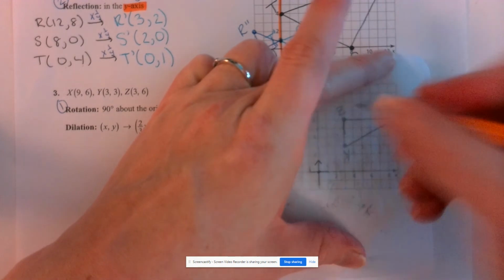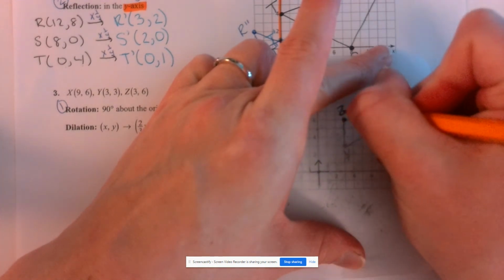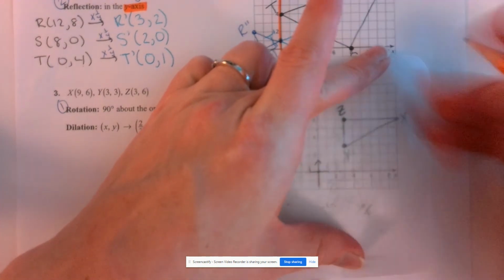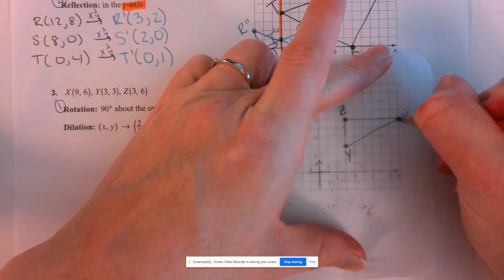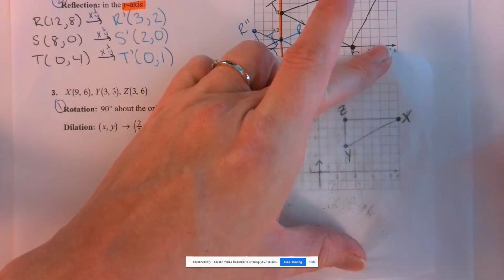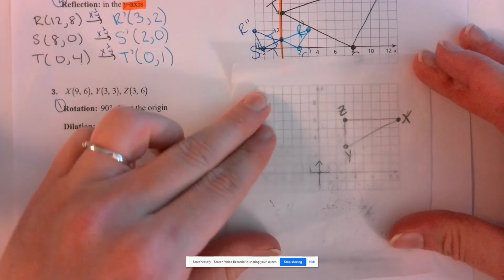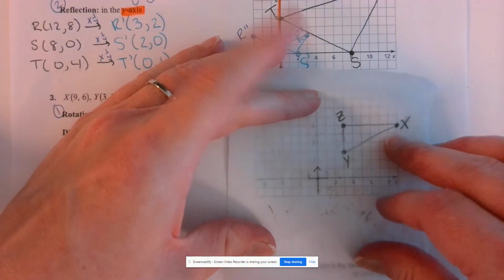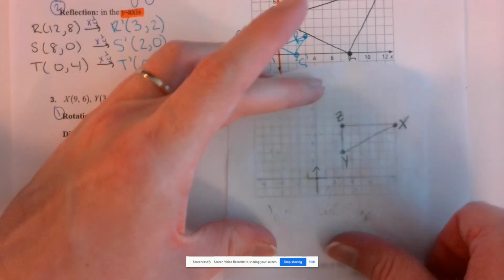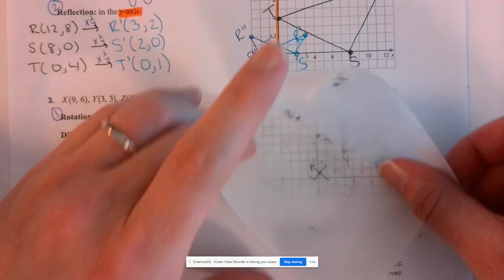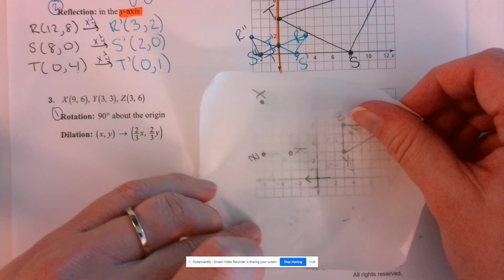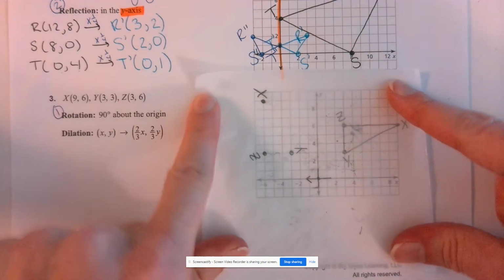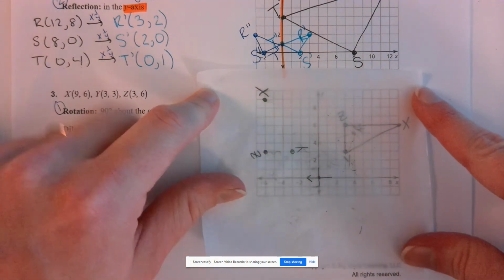I'm going to go ahead and trace my points on my patty paper. Don't forget the labels. And we're going to go 90 degrees. So I'm going to turn this counterclockwise, and when I'm done, my arrow should be pointing to the left. I have just gone 90 degrees counterclockwise.